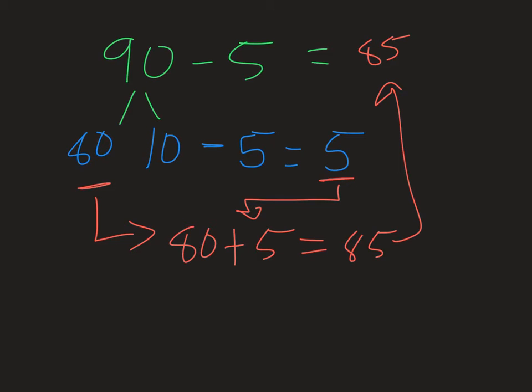I'm going to go ahead and go to the second page, and let's look at number 3. It asks us to show how 10 minus 6 helps us solve 50 minus 6. Well, if we know 10 minus 6, 10 minus 6 equals 4.